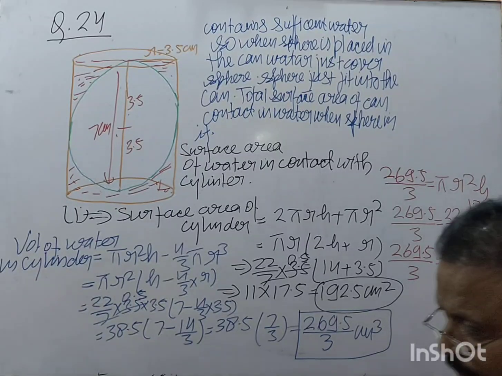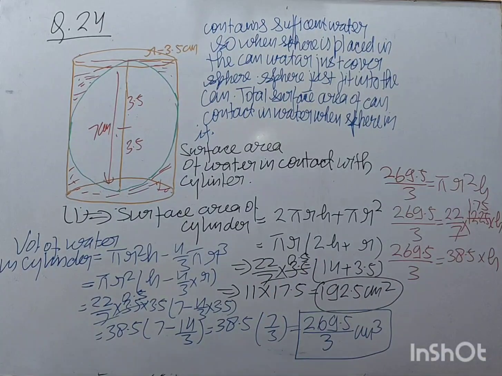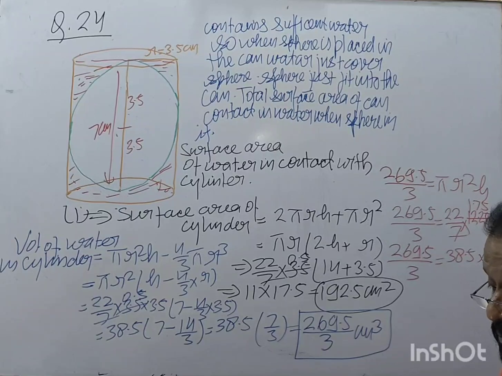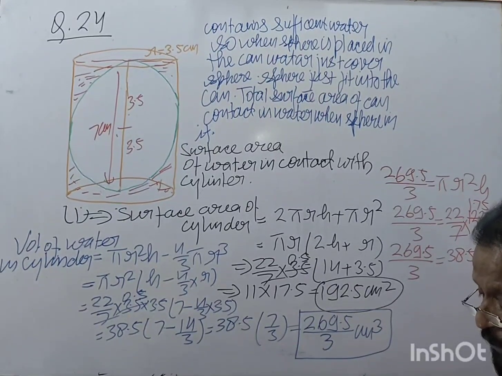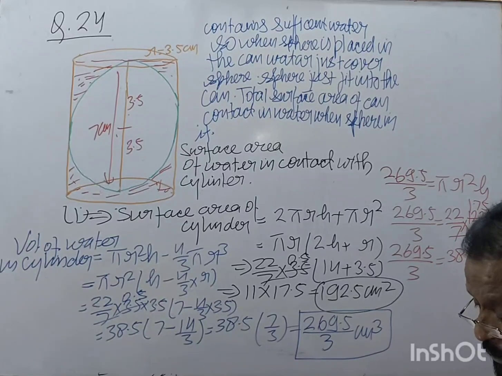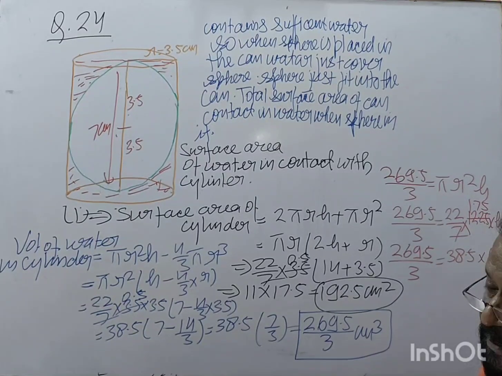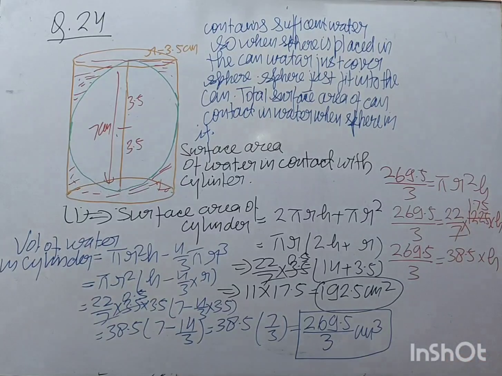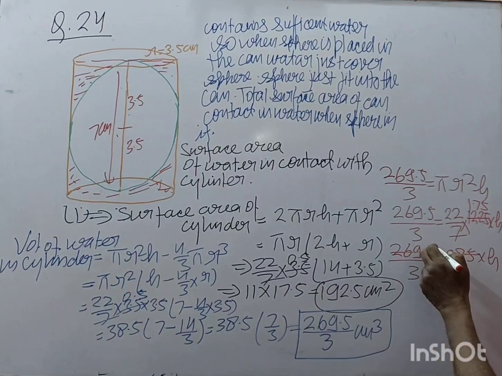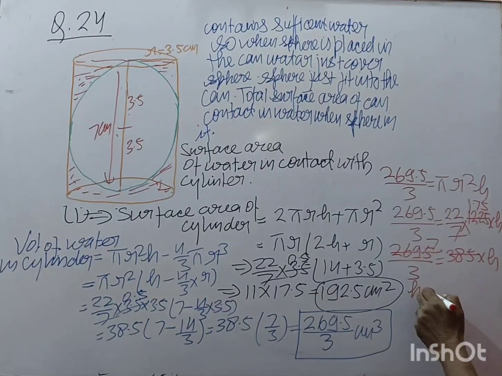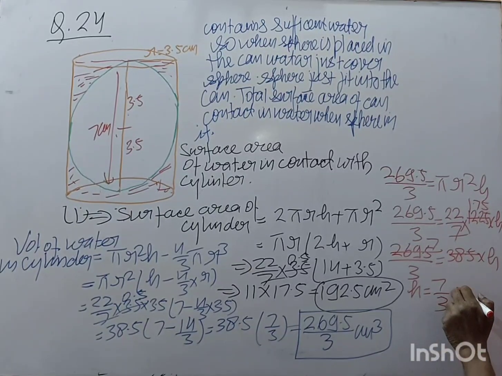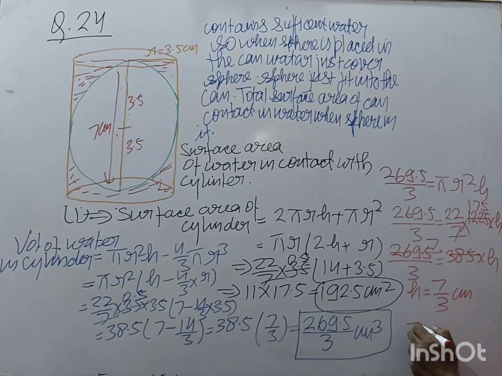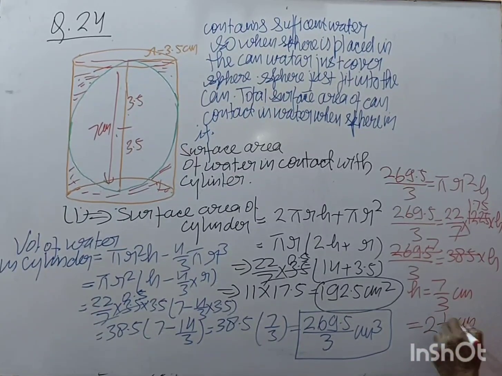This is divided by 38.5, 269.5 divided by 38.5 is 7, right? So h is equal to 7 by 3 centimeter, or 2 whole 1 by 3 centimeter.